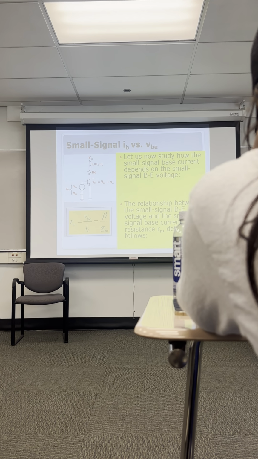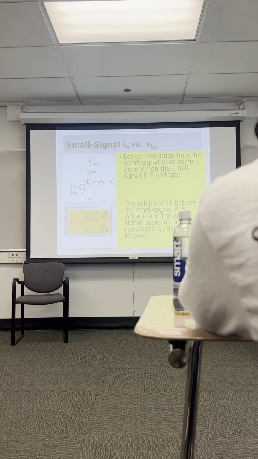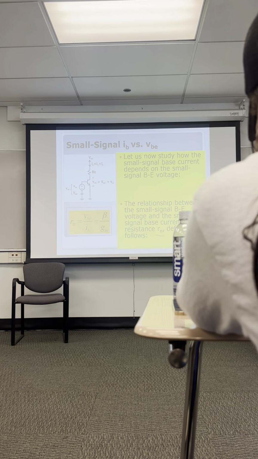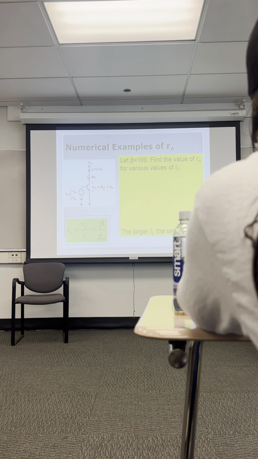The r sub pi is the small signal input resistance. We have an equation for that here. It's beta over g sub m. If something says find R in, R sub pi will be a function of the R in. So we have g sub m, we have R in.